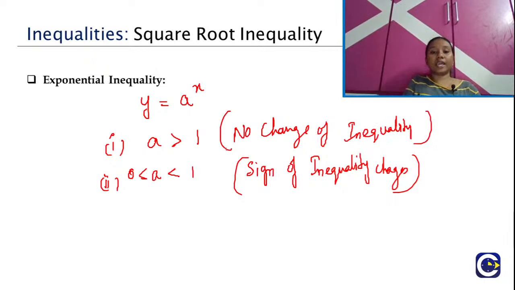So if a is greater than 1, there will not be any change in the sign. If a is lying in between 0 and 1, then obviously there will be a change in the sign of the inequality. So the same conditions which we applied for our logarithmic inequality will be applicable even for the exponential inequality here.